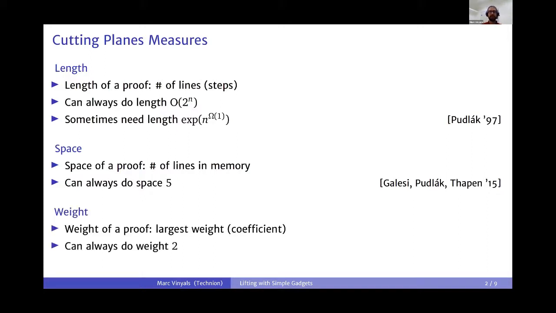And finally, we also care about the weights of the proof. That's looking at the proof and asking what's the largest coefficient that appears in it, and that's what we call the weight. And it's not, again, too hard to see that we can always prove any formula using weights at most 2.